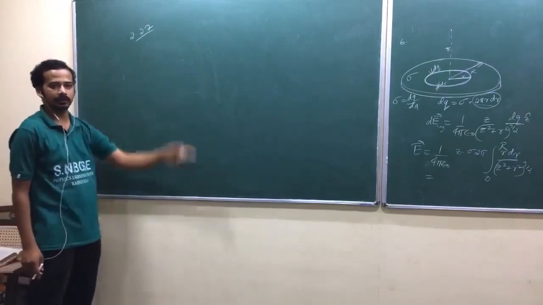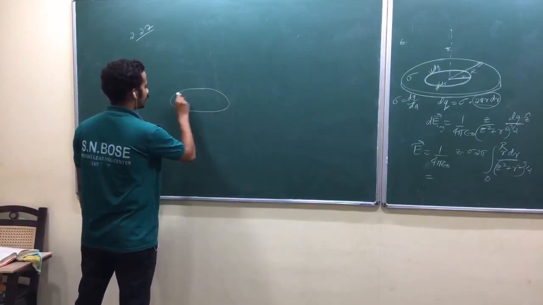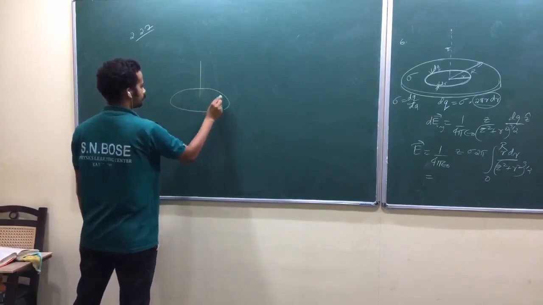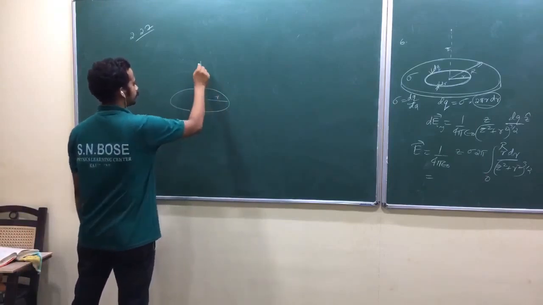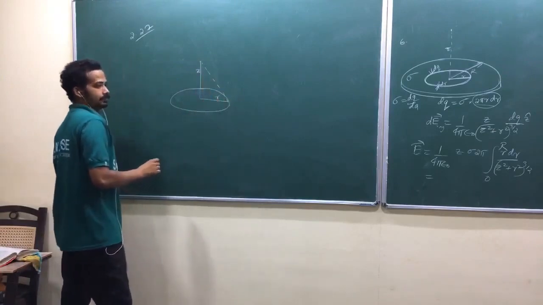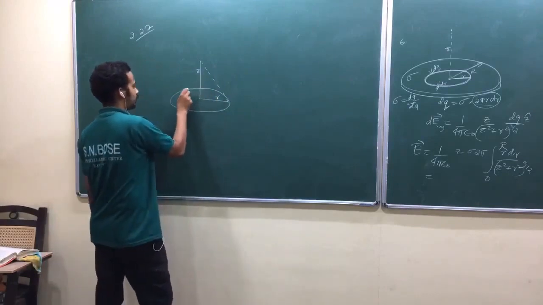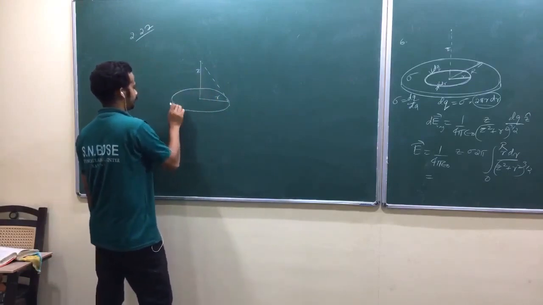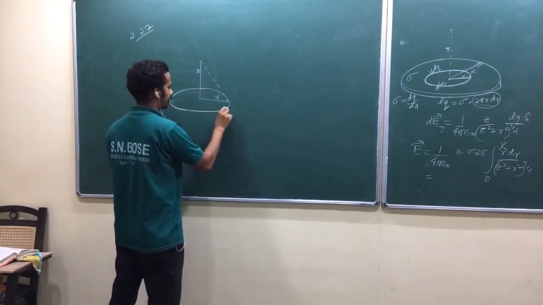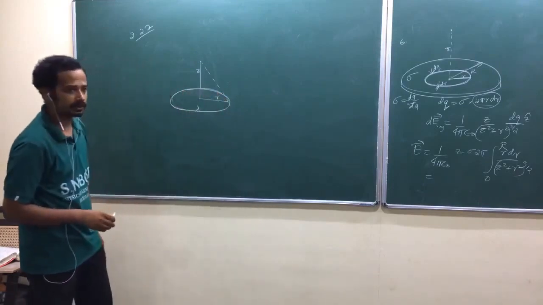Ring, disc and then cylinder. That's the best idea. What is the potential at a distance z above the center of the ring, which contains line charge density lambda?